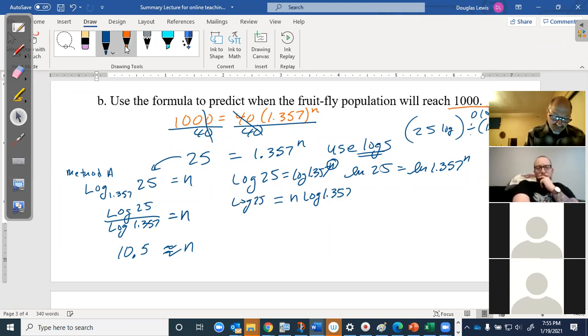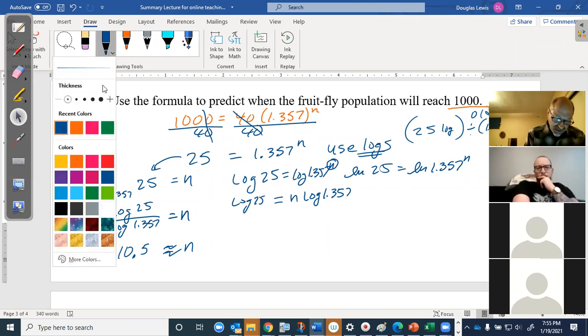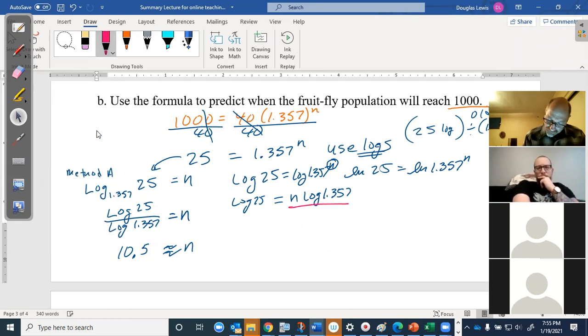And now you'll divide both sides by the log of 1.357. That's a 25. And you get the same thing, okay?